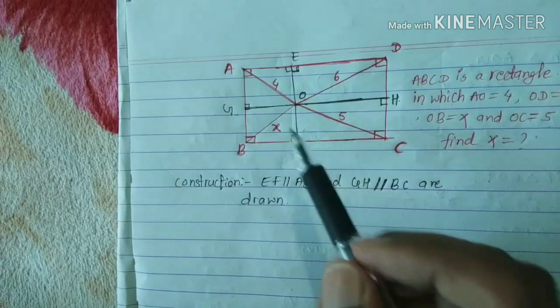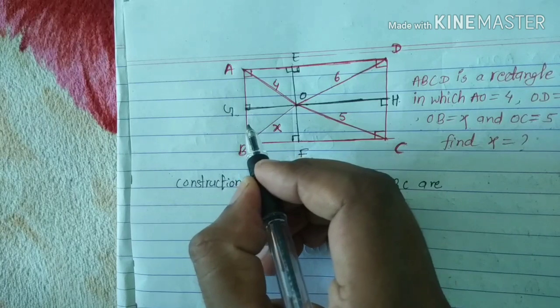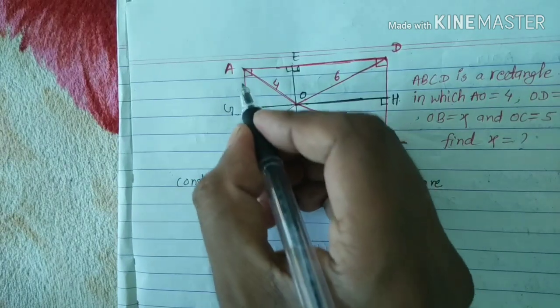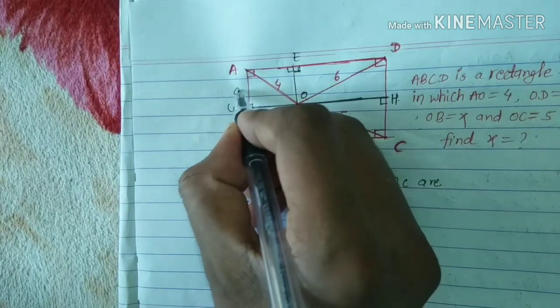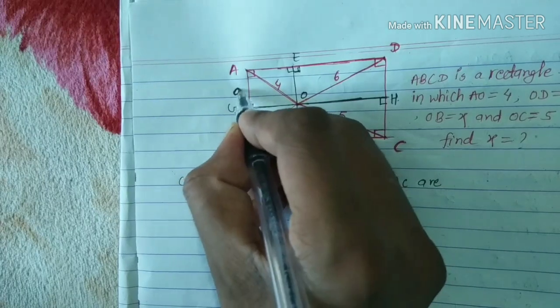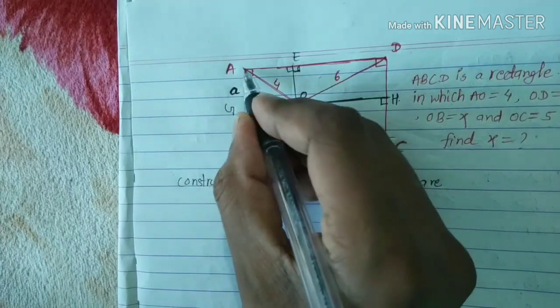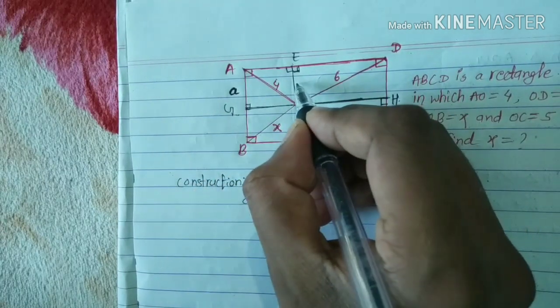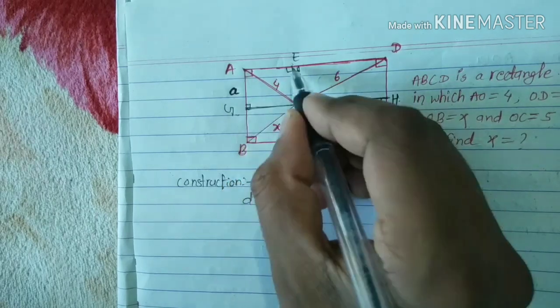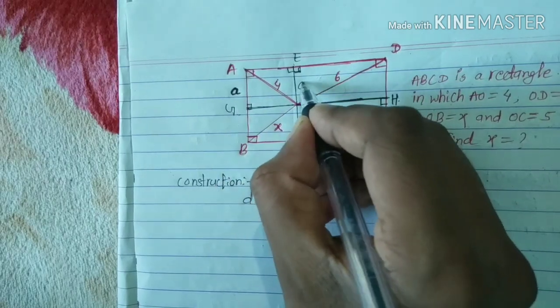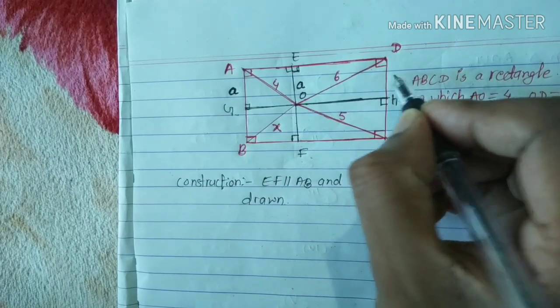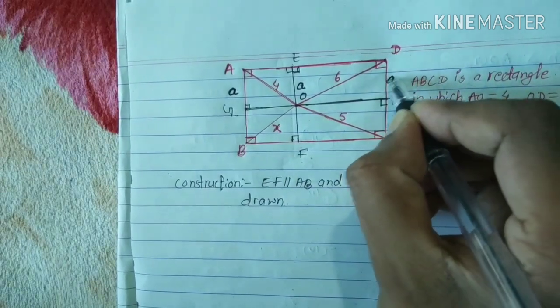So I am going to label the sides of these rectangles. Suppose I let this AG be a small a. If this side is a, then the opposite sides of the rectangle are also a, and this also a.